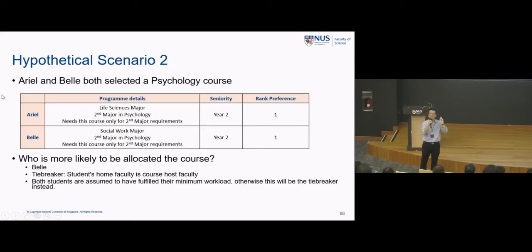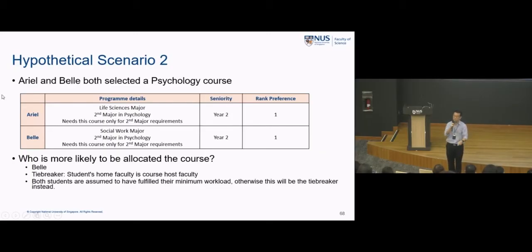Okay, but let me assure you that the university reviews the quota, the demand, the supply every semester. At the end of every CourseReg exercise, the faculties always receive a report from the university saying, hey, the courses that you offered this sem, which one super high demand, which one no demand?